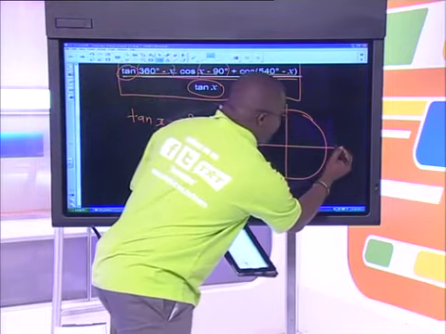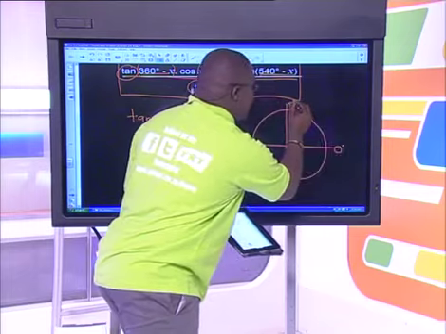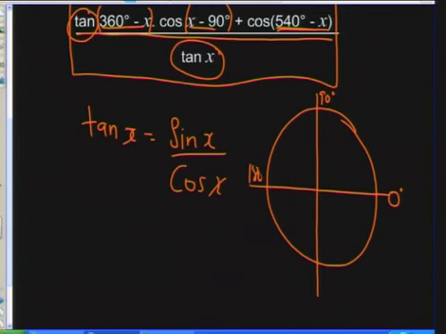We start at 0 degrees, then 90, 180, 270, and 360 shares with 0 degrees. And we can continue, because in our question we've got 540 degrees. So I'm going to continue measuring: after 360, we have 450 degrees here, and then 540 degrees there.